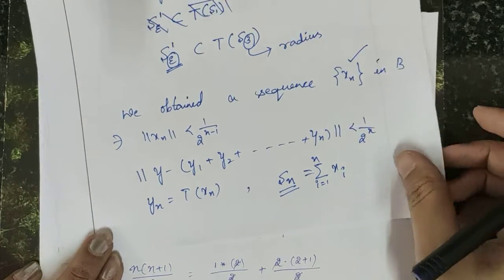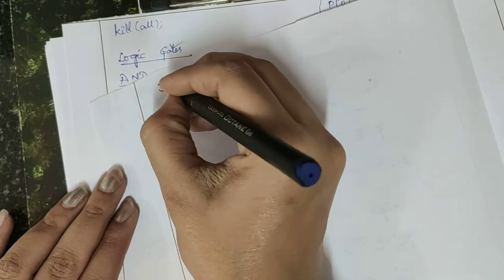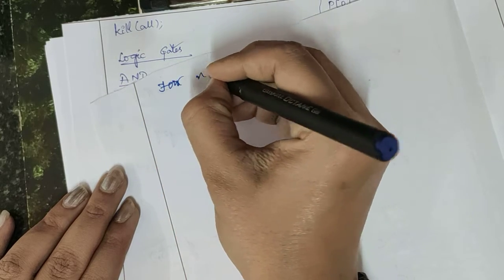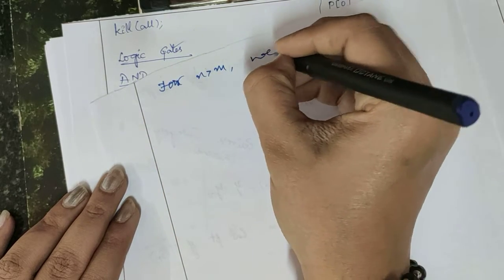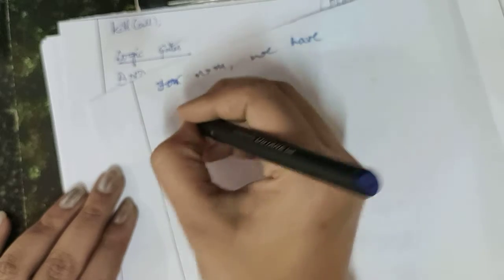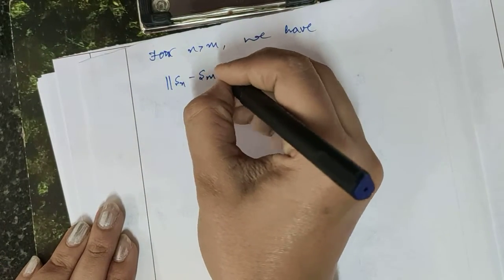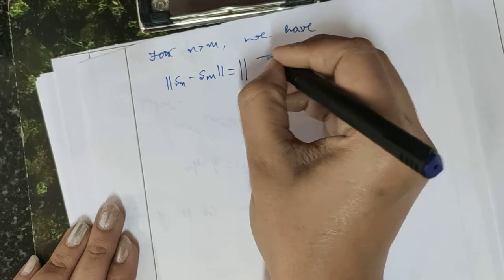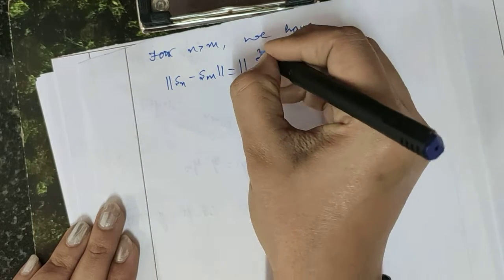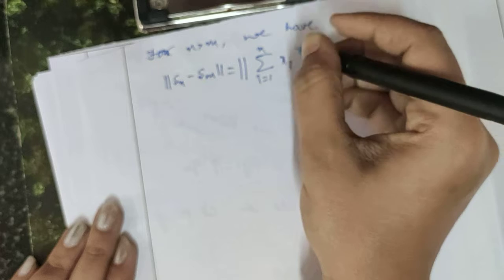Since xn is a sequence, from the definition we can consider n greater than m. Then norm Sn minus Sm will be equal to the norm of summation i equal to 1 to n of xi minus summation i equal to 1 to m of xi, right?